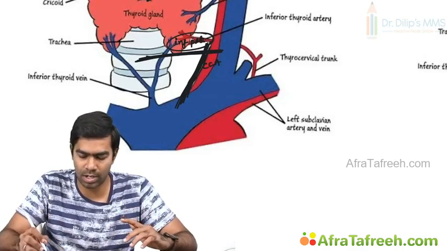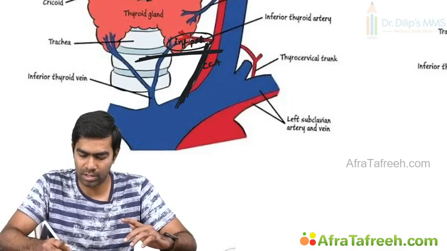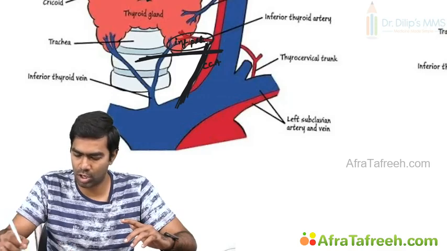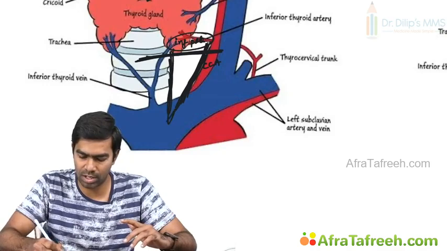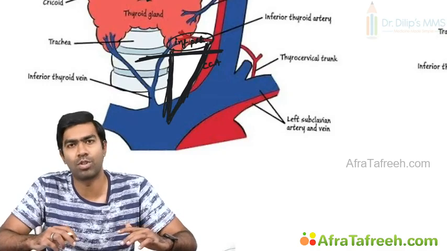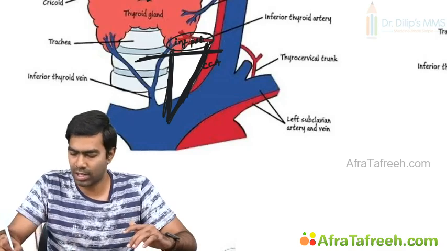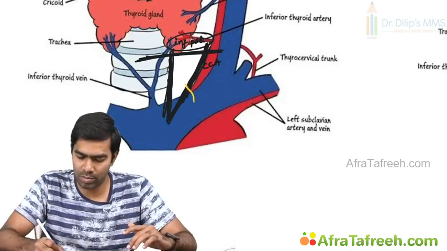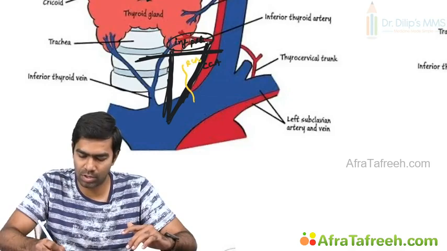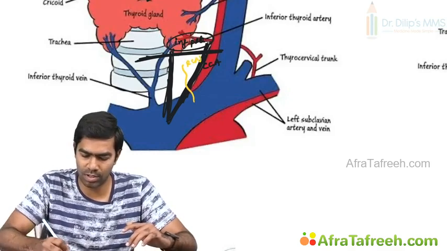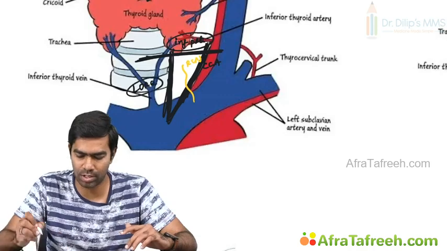And medially, you have the trachea. The trachea is going to form the medial portion of the triangle. Again, the content of this triangle, you know very well, it's going to be the recurrent laryngeal nerve only. So that's going to be the content of the triangle. So this is what we refer to as the Lowe's triangle.